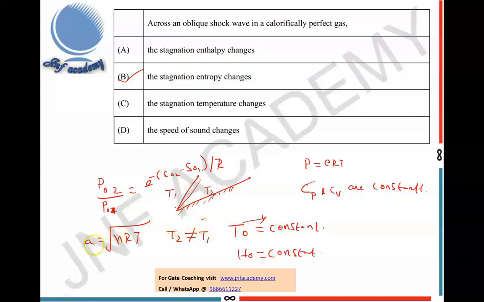So speed of sound A1 is equal to root of gamma R T1, and A2 is equal to root of gamma R T2. Definitely the speed of sound before the shock and after the shock will be different because of the static temperature change. So option D is also right. It's a multiple select question, so B and D, both of them, are correct, right?